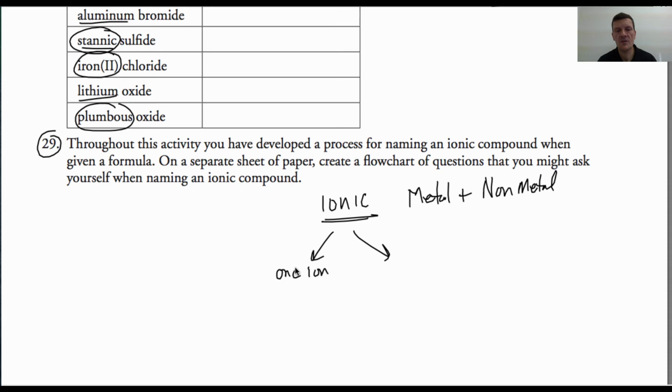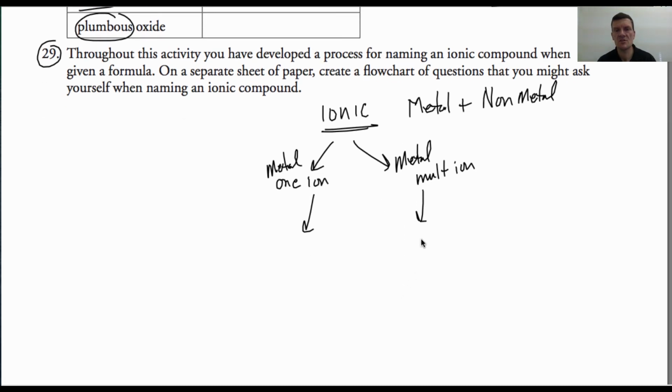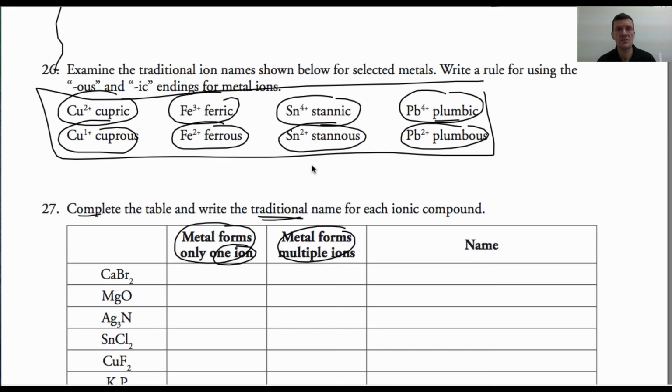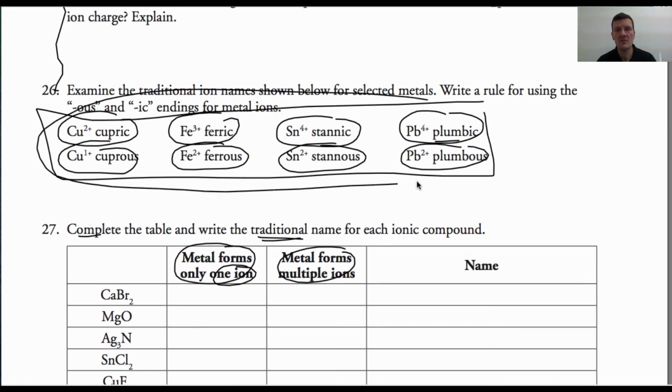One ion for the metal? Or does that metal have multiple ions? Okay? Then you can use your system. Here you could use the Roman numerals, or you could use the more traditional, older version of changing the ending of your metal to ic or ous.